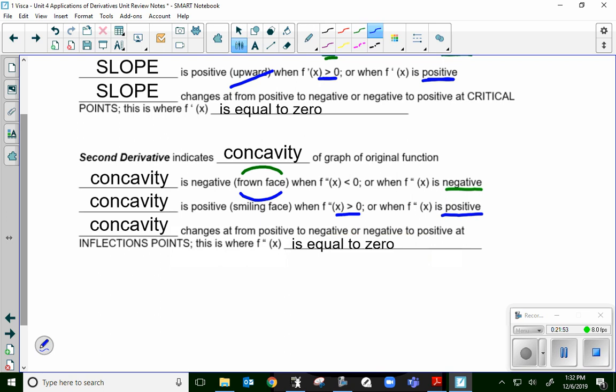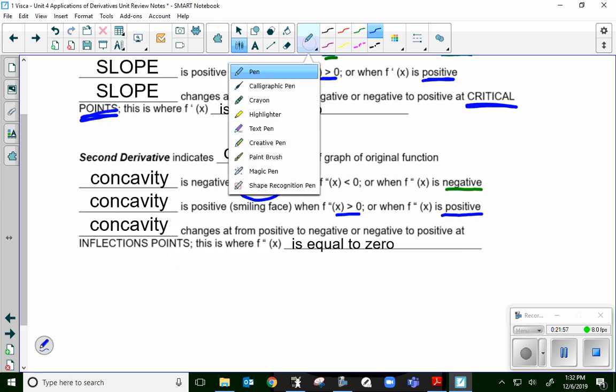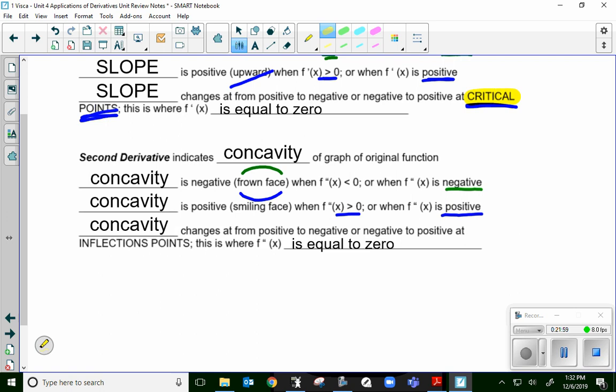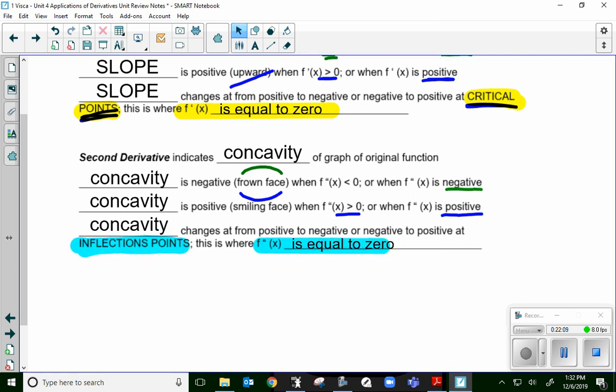So when the first derivative is equal to 0, we call those critical points. I like my highlighter. Critical points. So when the first derivative is equal to 0. Inflection points is when the second derivative is equal to 0. And that's when you can tell, hey, is the graph changing, or the curve?